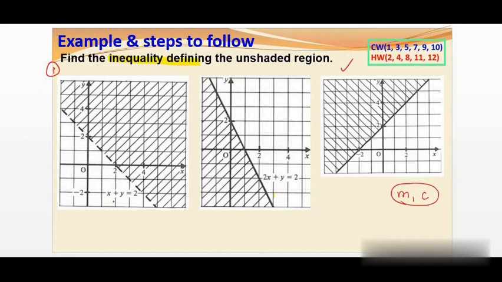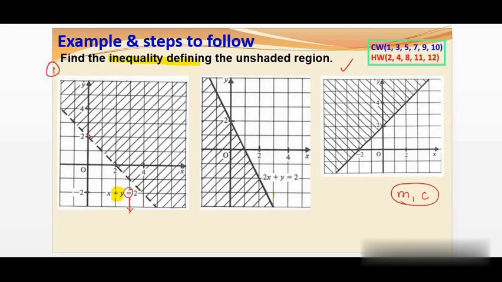As you can see here, it says x plus y is equal to 2. Keep one very important point in your mind: y has to be positive, right? If y is negative, it will be a totally different case, and I will discuss that case separately. So right now y is positive, so I only have to change this equality sign into an inequality sign.